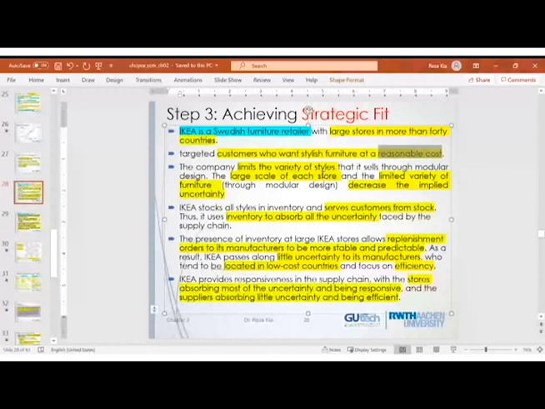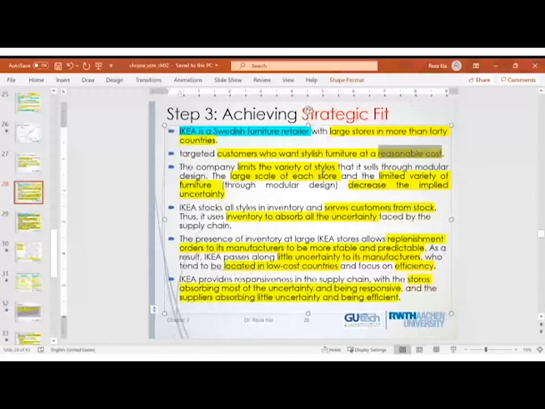So the uncertainty is low as well. Their idea in IKEA is that they will give customers furniture from the inventory that has been stocked in the store. So they are using that inventory to tackle the uncertainty that might happen in the supply chain. The main contributor to absorb the uncertainty in the supply chain is the inventory that they are stocking in their stores.